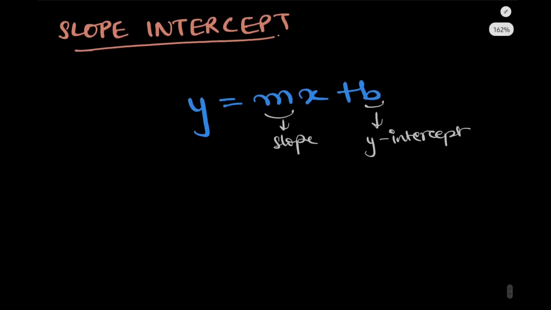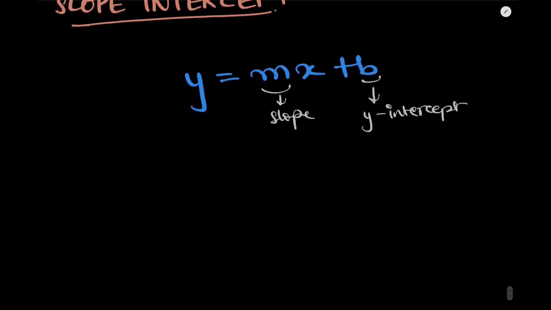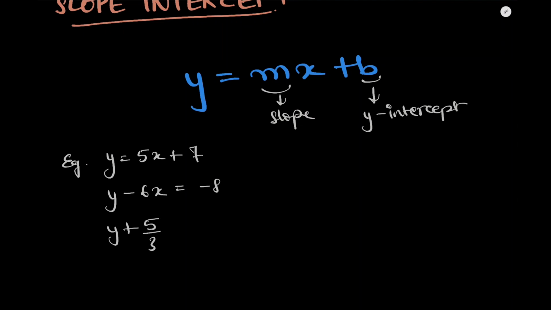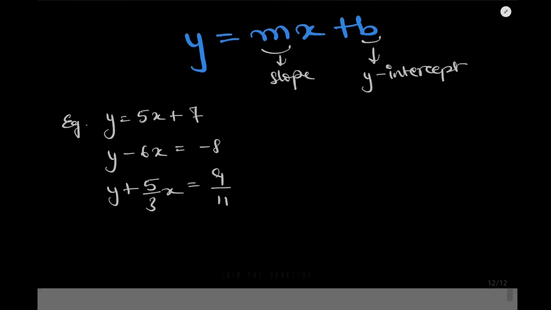Now if you have an equation in a different form, examples are y is equal to 5x plus 7, y minus 6x is equal to minus 8, and y plus 5 by 3 x is equal to 9 by 11.